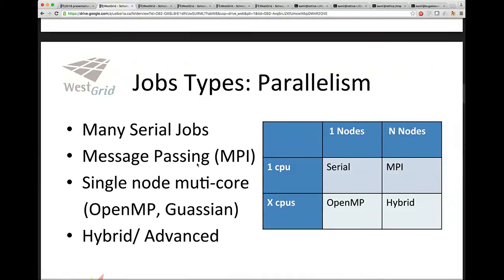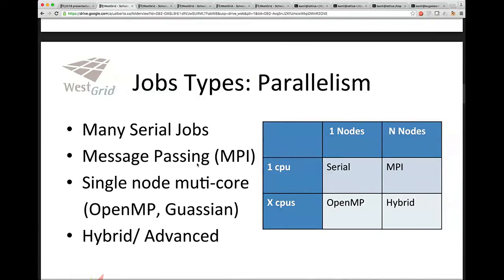So let's start on parallelism. One way of using a lot of resources is just to run many jobs. Another way is to run a job that uses many processors and communicates between the processors by sending messages on the network.